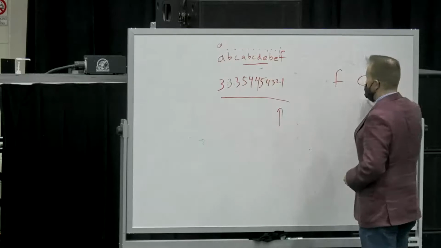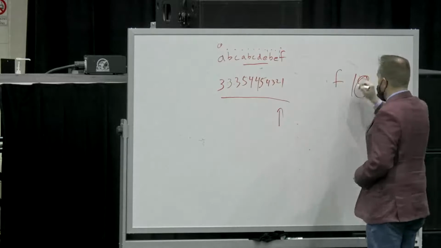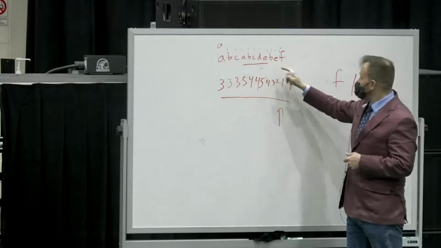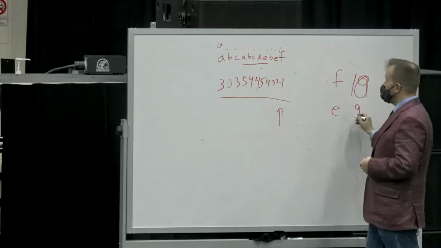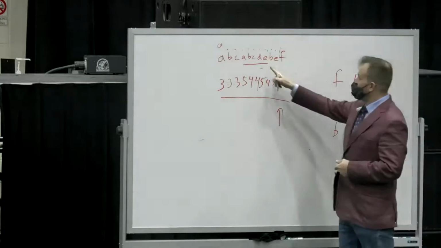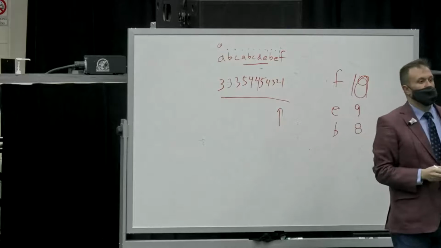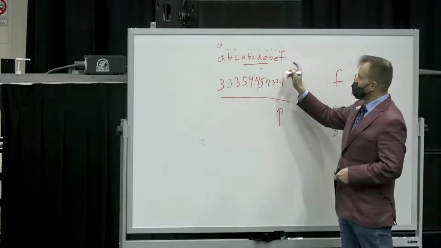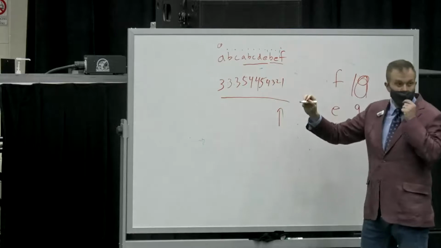So this is going to be 10. And then my current length is going to be 1. I go to E. E is at 9. B is 8. E, we found our first duplicate. So when I do E, at this point my current best score is 3.